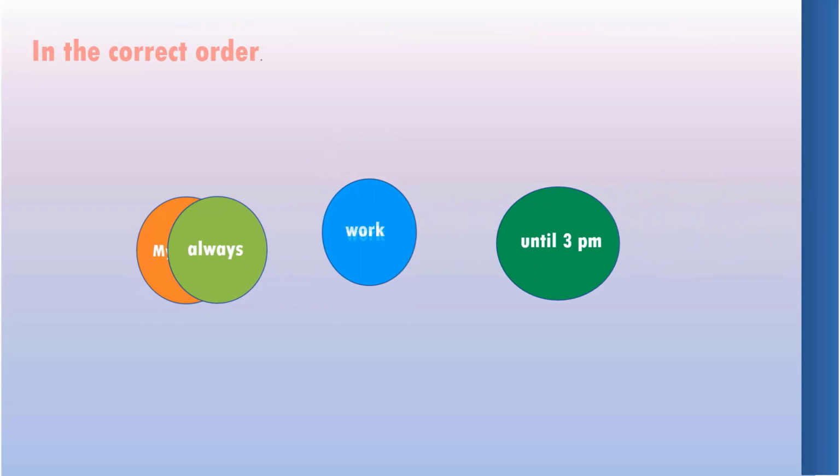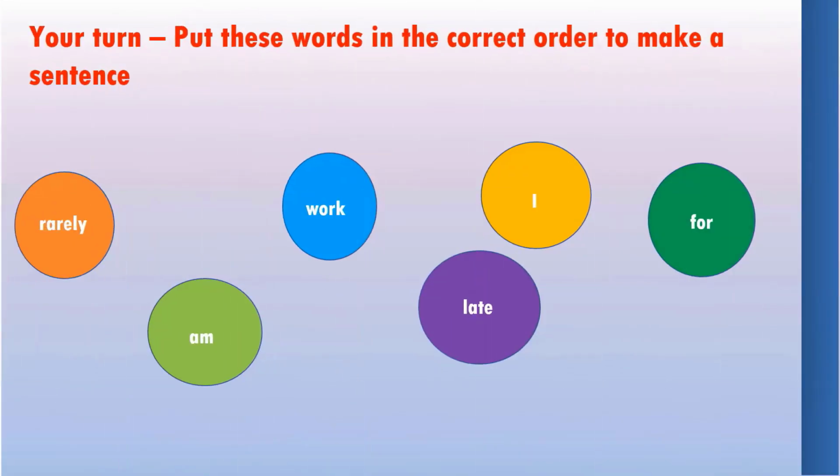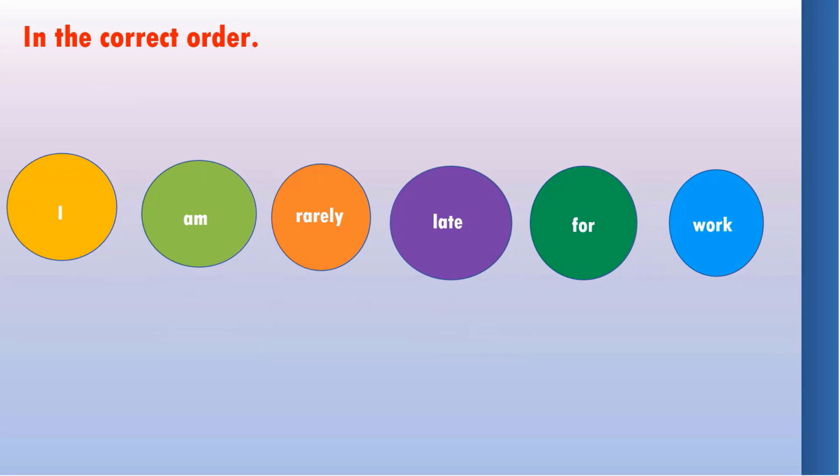Okay, here we go. My parents always work until 3 p.m. Okay, another one. Okay, I'm rarely late for work.